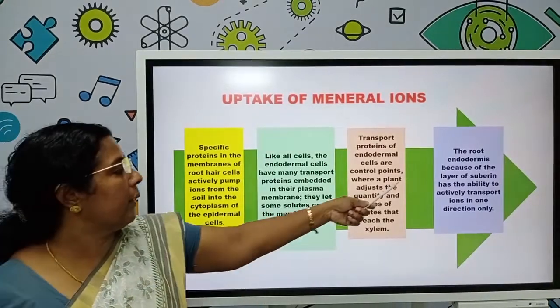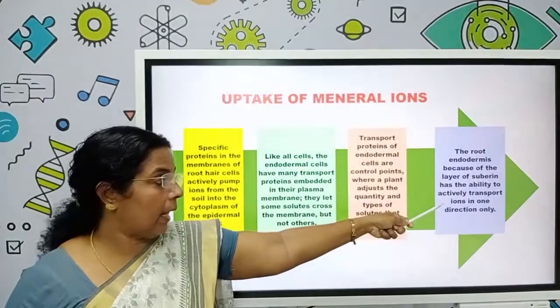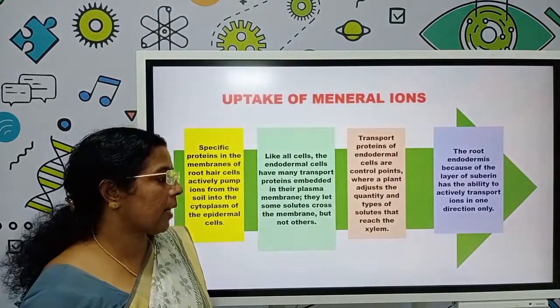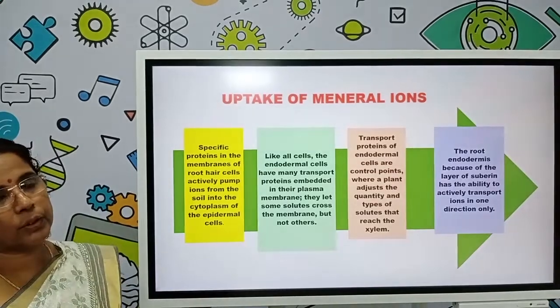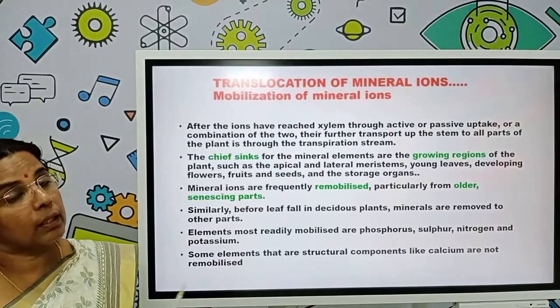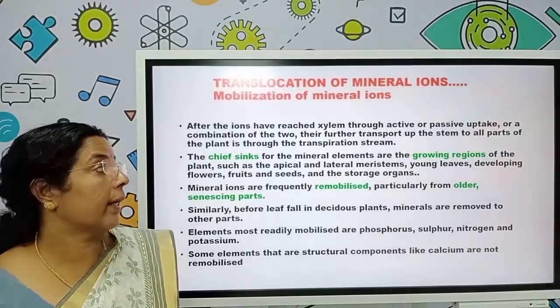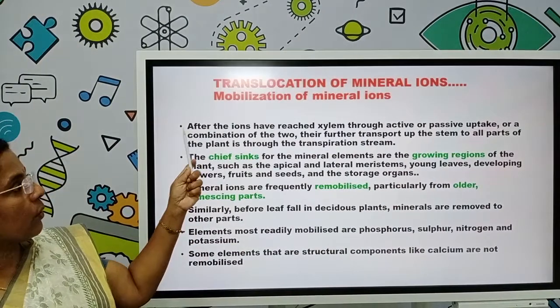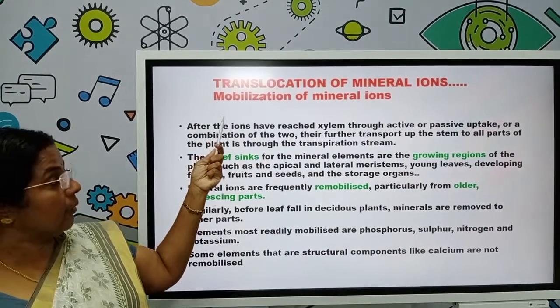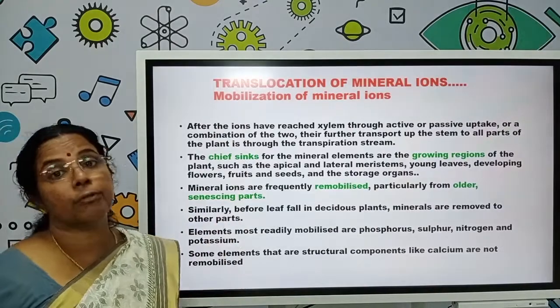Then the root endodermis, because of the layer of suberin, has the ability to actively transport ions in one direction only. Then, translocation of mineral ions: we have to discuss the mobilization of mineral ions.